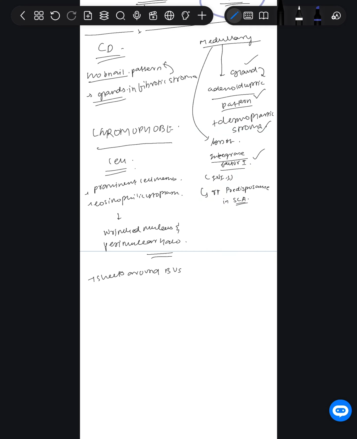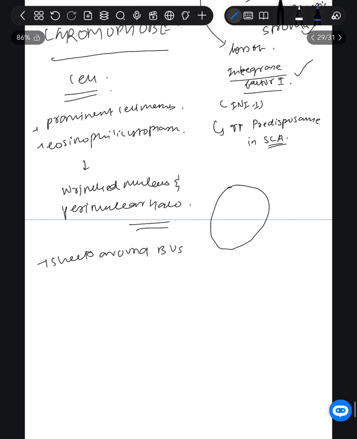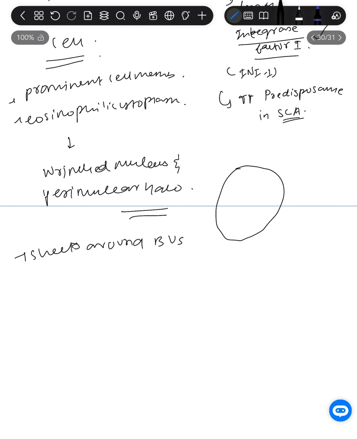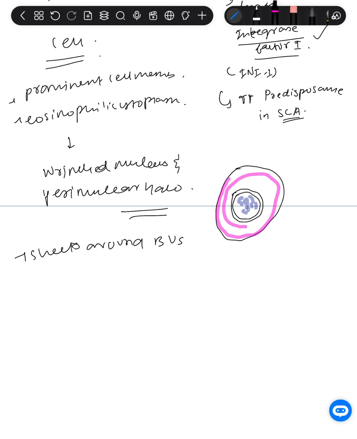We'll draw a prominent cell membrane. Can you hear? We have a prominent cell membrane. We have a wrinkled nucleus. Then we have a perinuclear halo. Then we have eosinophilic cytoplasm.